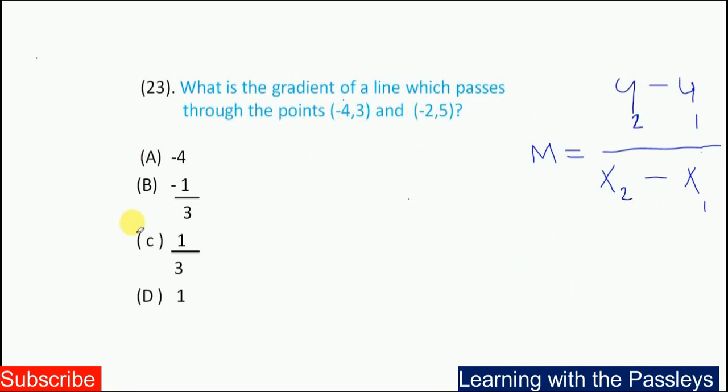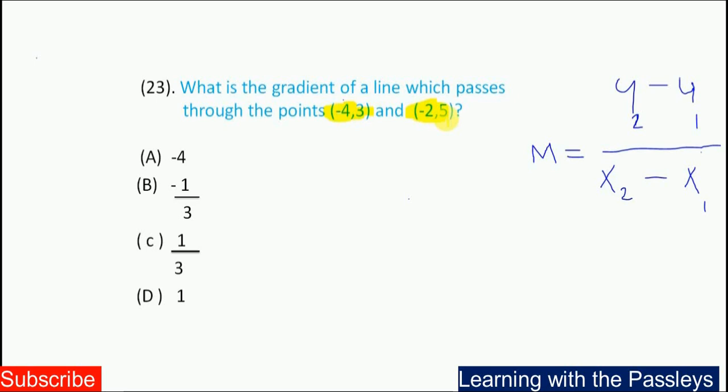Question 23. What is the gradient of a line which passes through the points (-4, 3) and (-2, 5)? They are saying that we should find the gradient of the line that passes through these points.